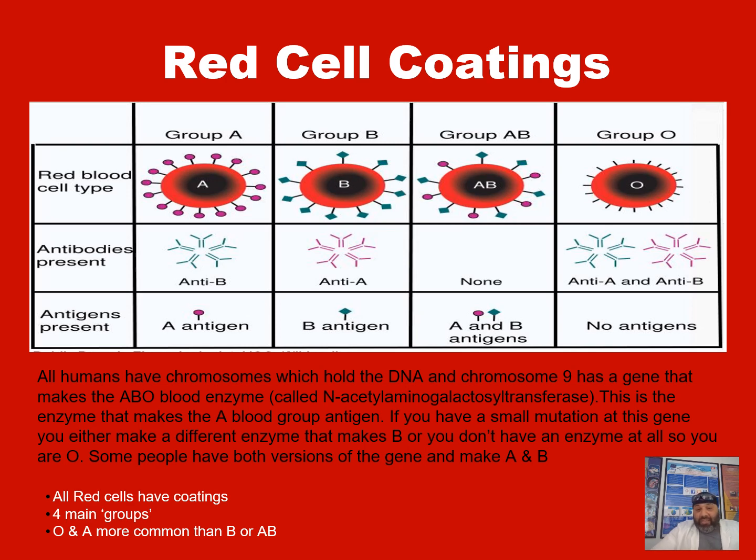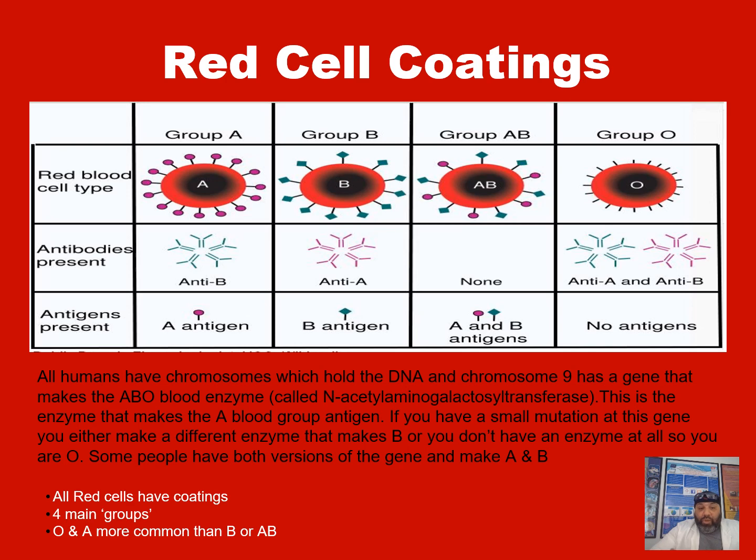They don't have any antibodies, and the antigens that are present are both antigen A and antigen B. In group O, those who are blood group O, the antibodies that are present are anti-A and anti-B, and the antigens that are present are none.